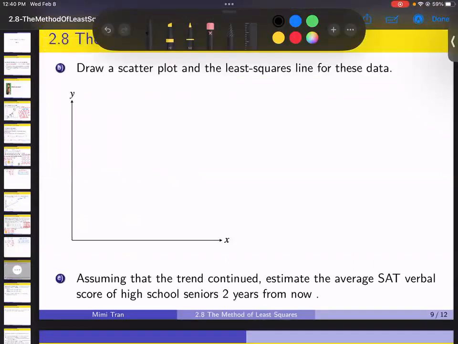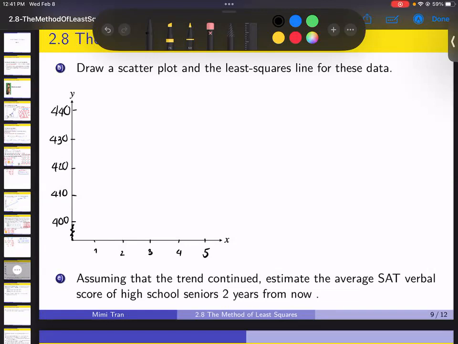Let's do the X first: 1, 2, 3, 4, 5. Here's my 400, 410, 420, 430, 440. I'm going to do a little zigzag here because I know it's a lot longer than this.